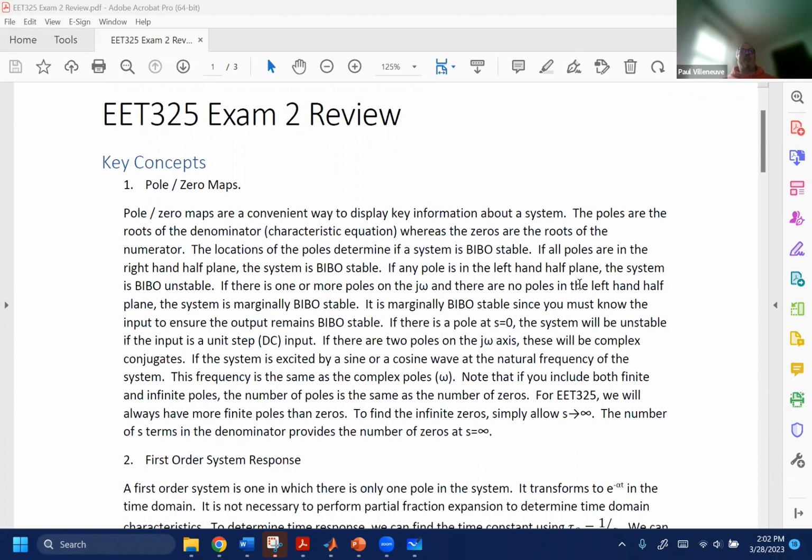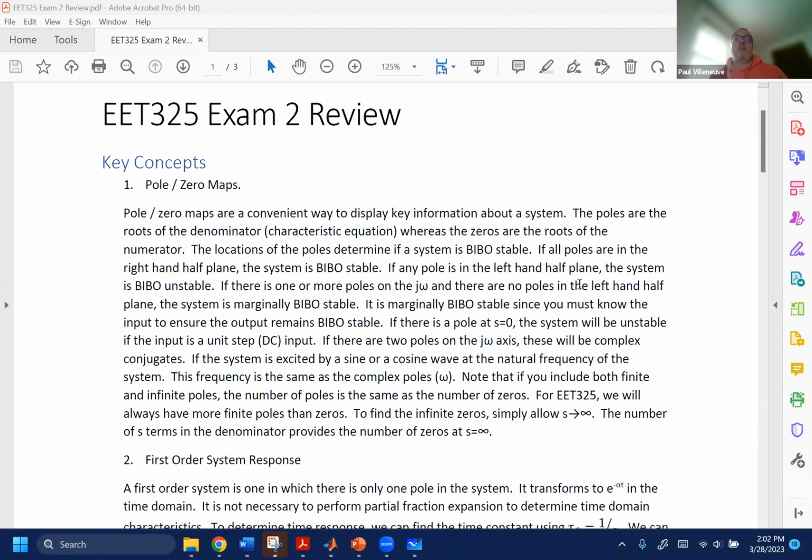So a perfect example is if we have a pole at s equals 0, that's an actual integrator. And an integrator, if you hit it with a DC input, the DC input stays constant, but as you continue to integrate, it just keeps going higher and higher and higher until if time approaches infinity, then your integration approaches infinity as well. So that's why that system is considered marginally stable.